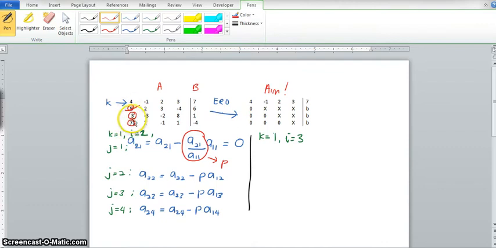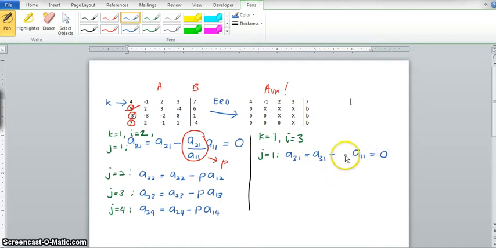Now I equals to 3, so for j equals to 1, this one we want to have 0. We want to have A31 as 0. A31 equals to A31 minus something times A11, because we still use A11 as reference element, so that we can get 0.